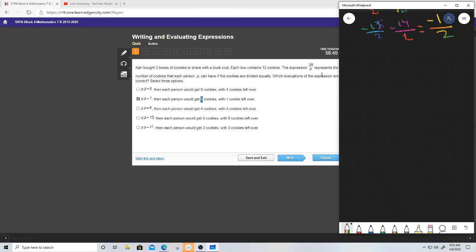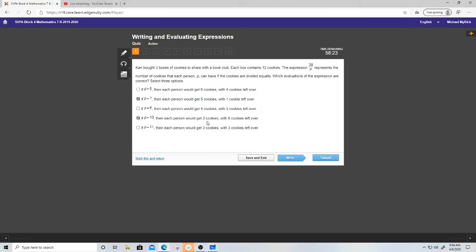If this P were 10, it would be 30. I'm sorry, oops. It'd be 3 cookies, right? Because 3 times 10 is 30. 36 minus 30 is 6. 3 remainder 6. This checks out. And then what would be 3 times 11?